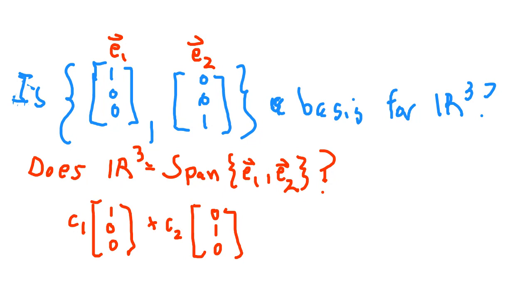So in other words, that's right, Nikhil. Definitely not. Now let's see why. R cubed is not the span of those two vectors, and so you don't have a basis.